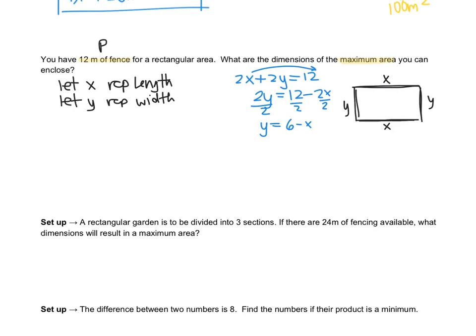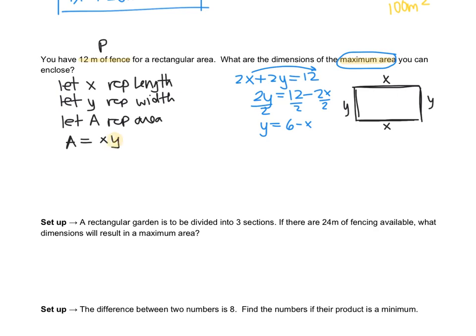Now my goal is to maximize the area, which means I need to find an area equation. And I don't know what that area is, so I'm just going to add another variable here. Let A represent area, because I'm about to write A equals length times width. So A equals x times y. Now I see the multiplication, which makes me think, okay, this is probably going to be quadratic, but I have too many variables.